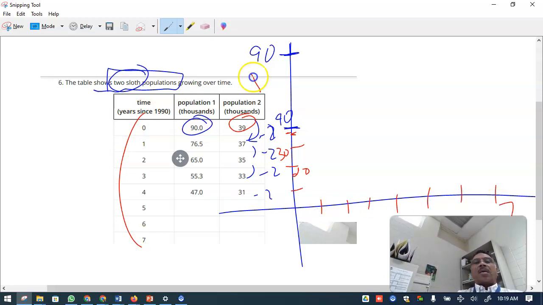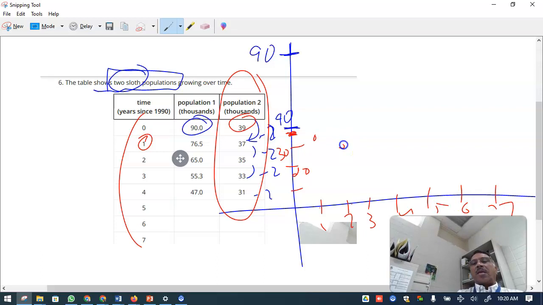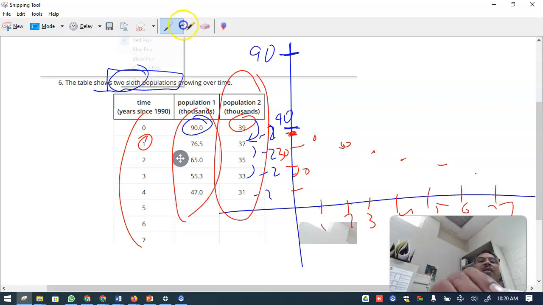So population 2 starts with 39, and then at 1 it is 37, something like this. And at 2 it will be this way. Each time, this is not perfect, but I just wanted to show it goes down like this.